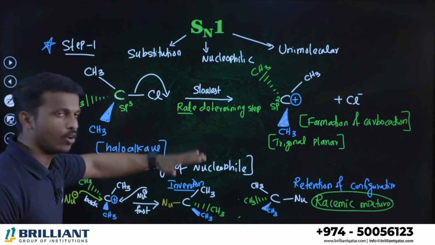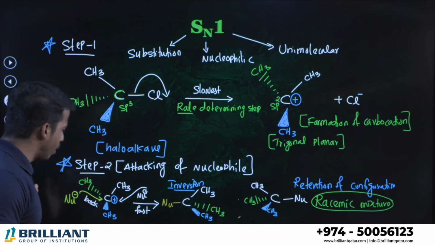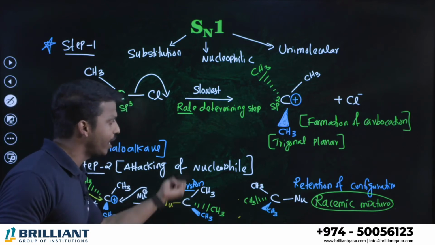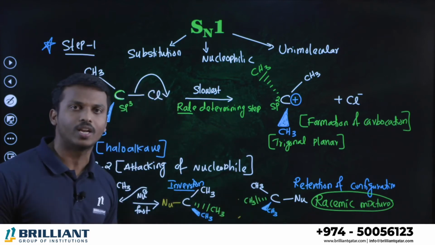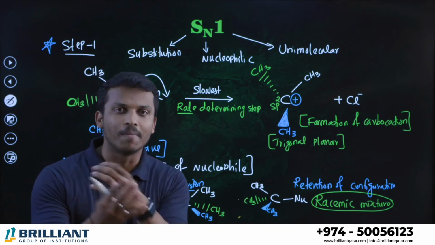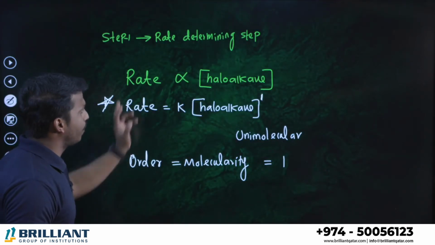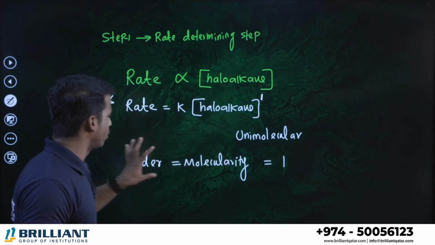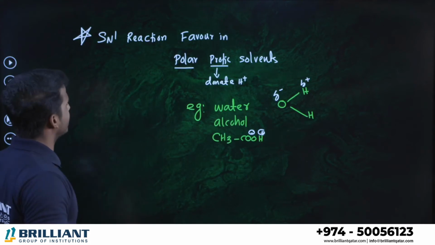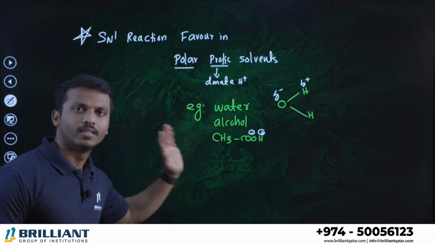In step number 2, the nucleophile can attack from the backside or front side, so there is inversion of configuration and retention of configuration. One is dextro, one is levo. The mixture is called a racemic mixture. The rate of the reaction depends only on one species, therefore the order and molecularity are equal to 1 for SN1 mechanism. SN1 mechanism is favored in polar protic solvents.